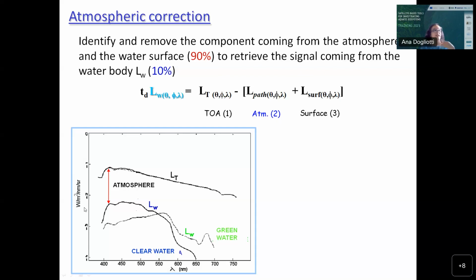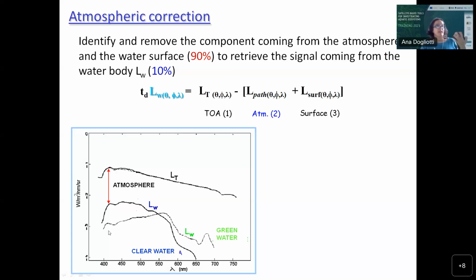As you can see, if this is the radiance that arrives at the sensor, there's almost no shape. We said we can get information on what's in the water by looking at how reflectance or radiance varies with the spectrum, but the total radiance arriving at the sensor has no real shape. If we subtract what comes from the atmosphere, the clear water reflectance will look like this, with a peak in the blue.